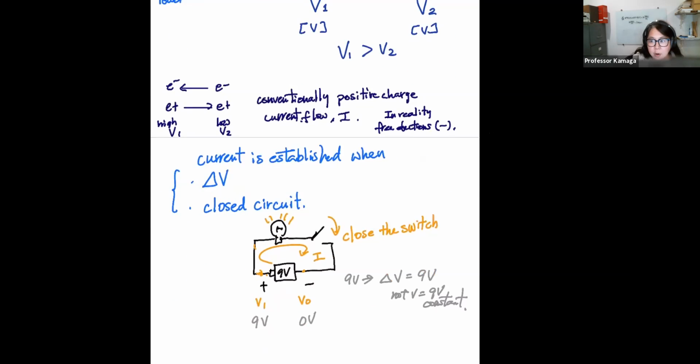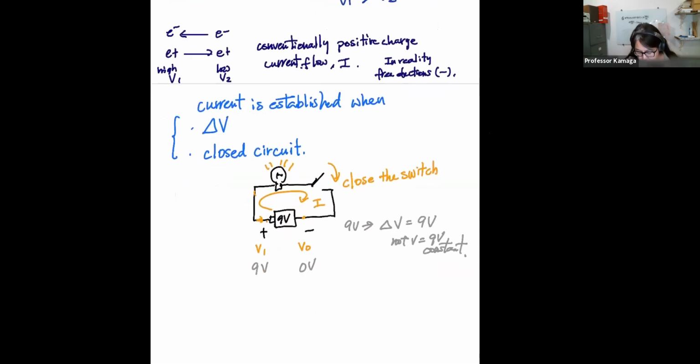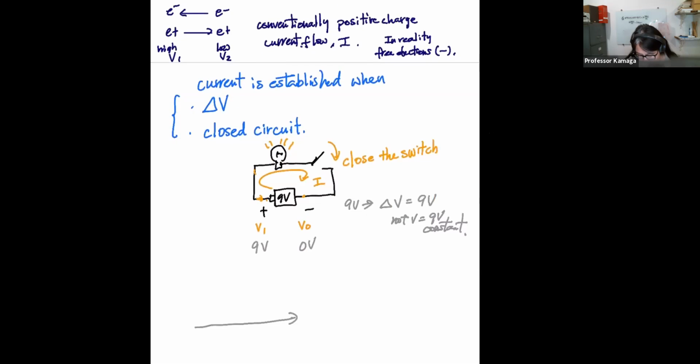Remember, if you have just the same voltage, V constant, you have a charge, but there is no change in potential.